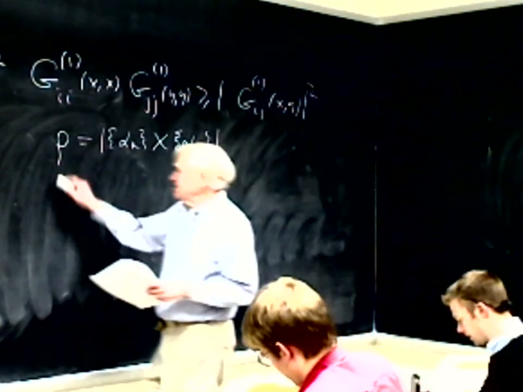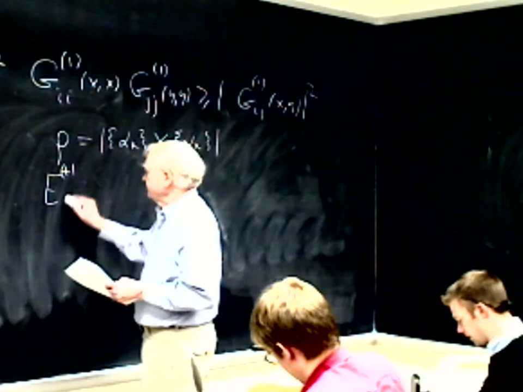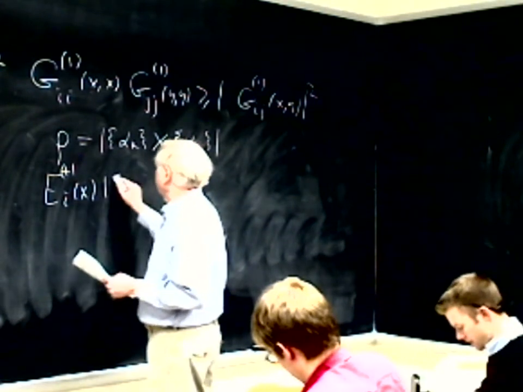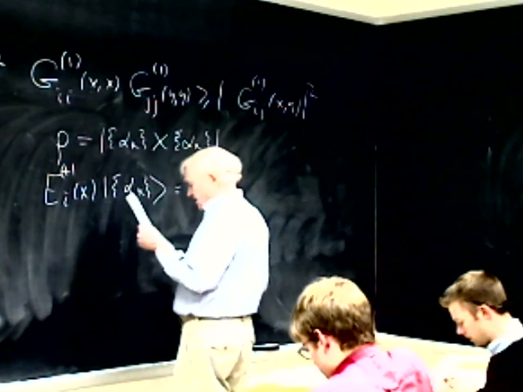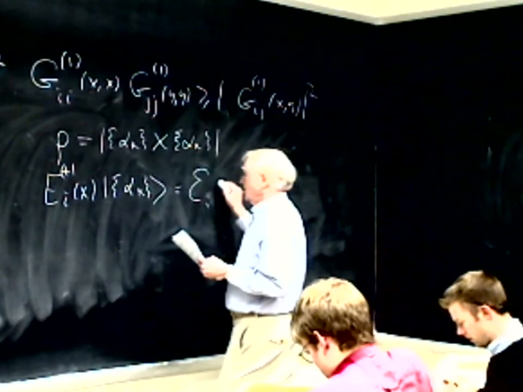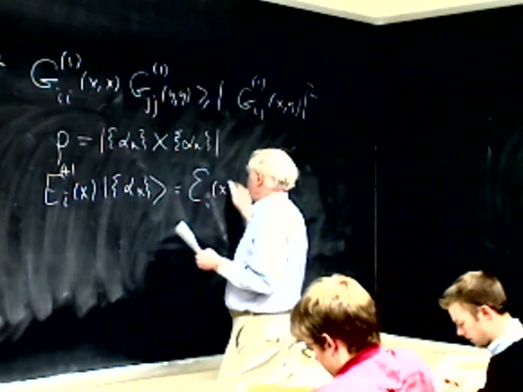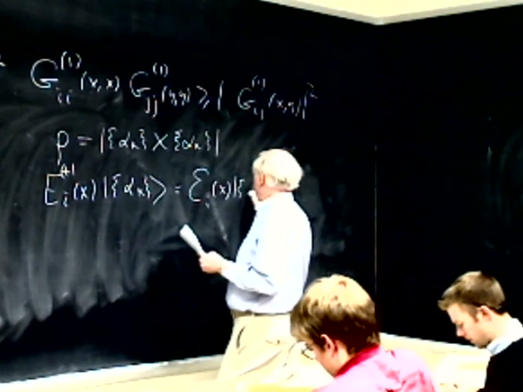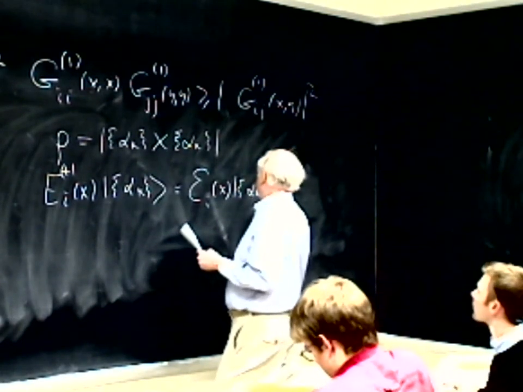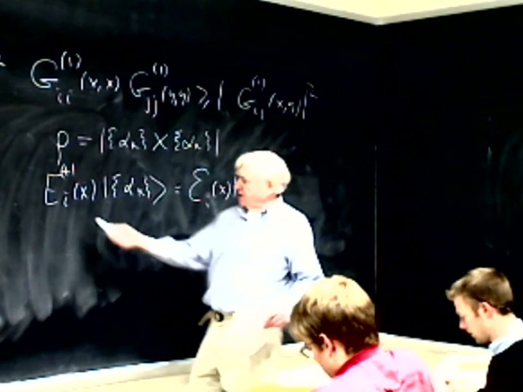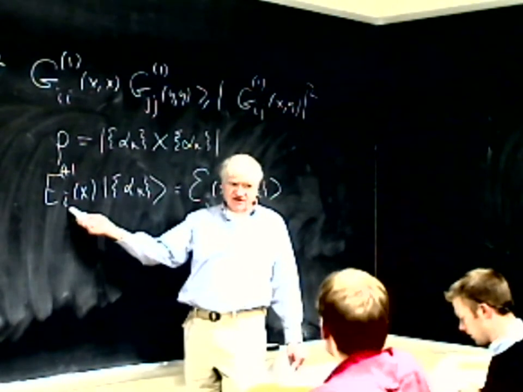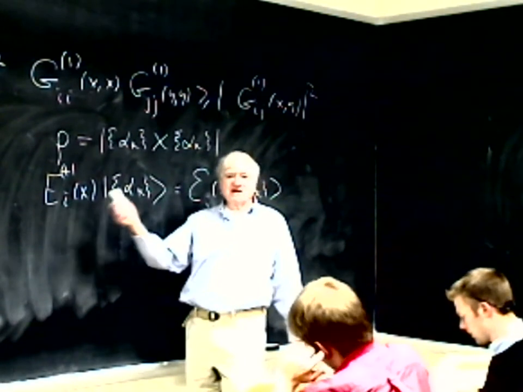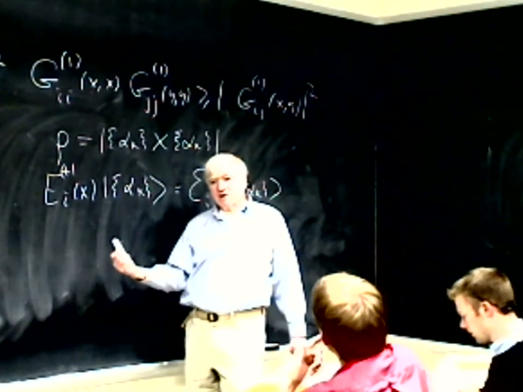In this case, these states are eigenstates of this positive frequency part of the field, with eigenvalues that can be obtained by taking the positive frequency part of the electric field operator and replacing all the annihilation operators with alphas.